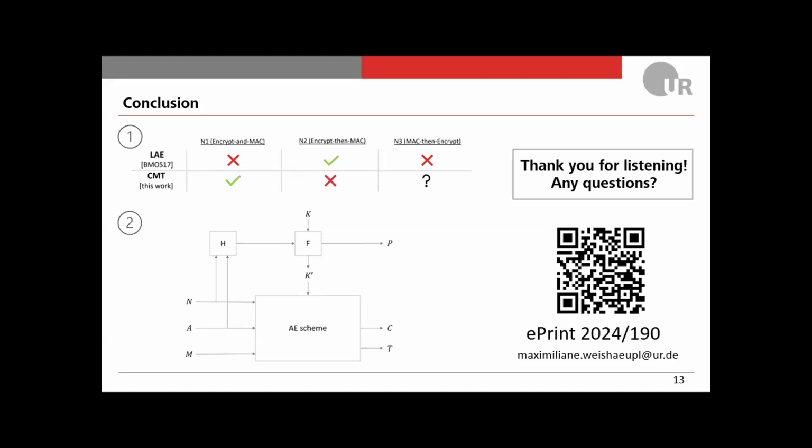Thank you, Maximilian, for the nice talk. So, many instances of generic composition have a pseudo-random key generation. So you have a master key, and then you generate the encryption key and the MAC key independently from nonce or associated data. Would that allow to rescue encrypt-and-MAC?